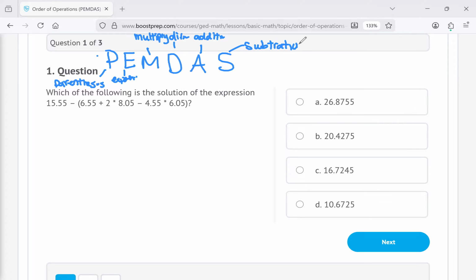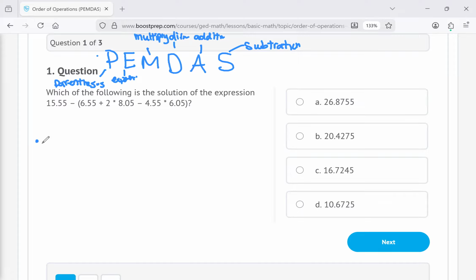So here are some rules, some key notes. To prevent mistakes, always write down what you haven't done. When you're doing this, do not do it all at once, because that's how you make mistakes. Do what you have to do first. If you have a parentheses, do that first, or if you have an exponent, do that first.